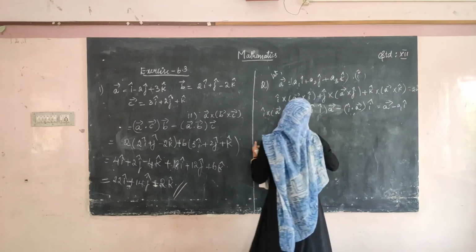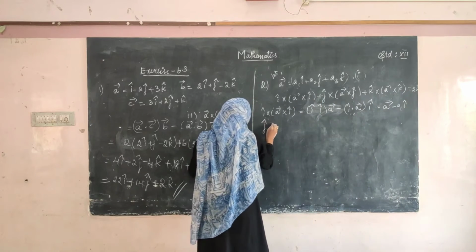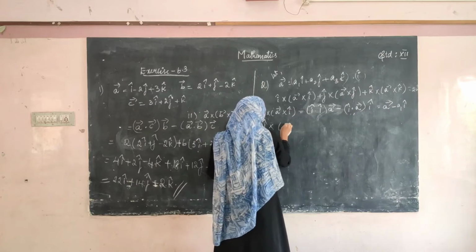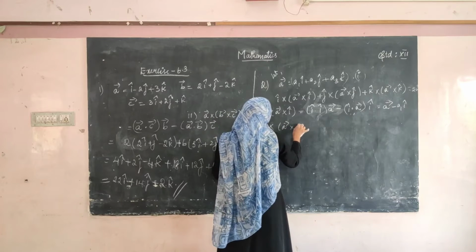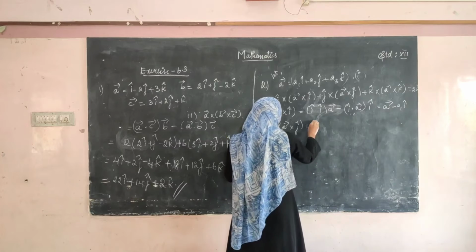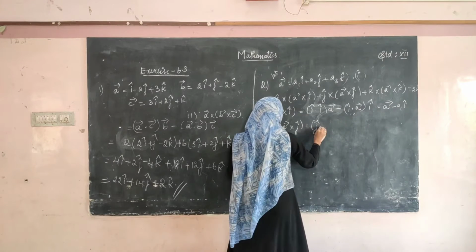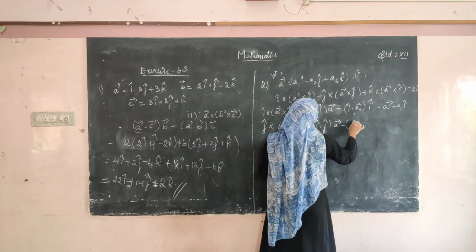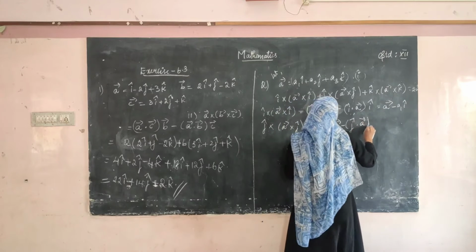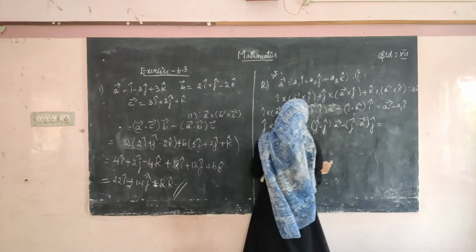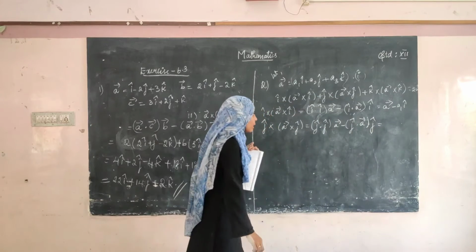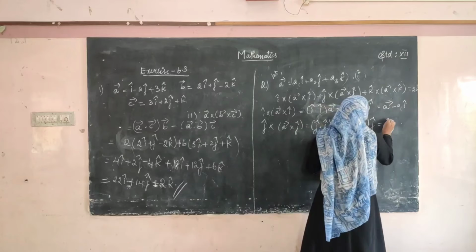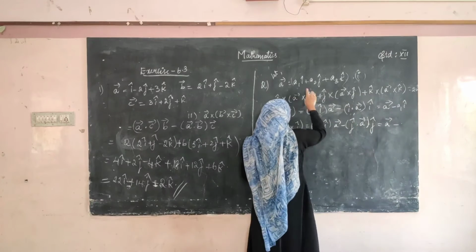Right. Similarly, we have to find J cap cross A vector cross J cap. So we have to expand like this: J cap dot J cap into A vector minus J cap dot A vector into J cap, right? J cap dot J cap is 1. 1 into A vector is A vector minus J cap dot A vector.